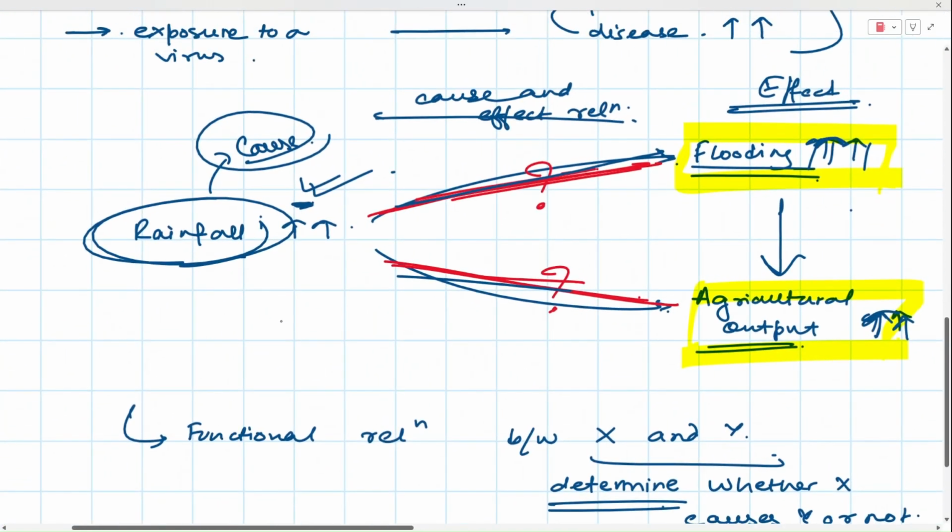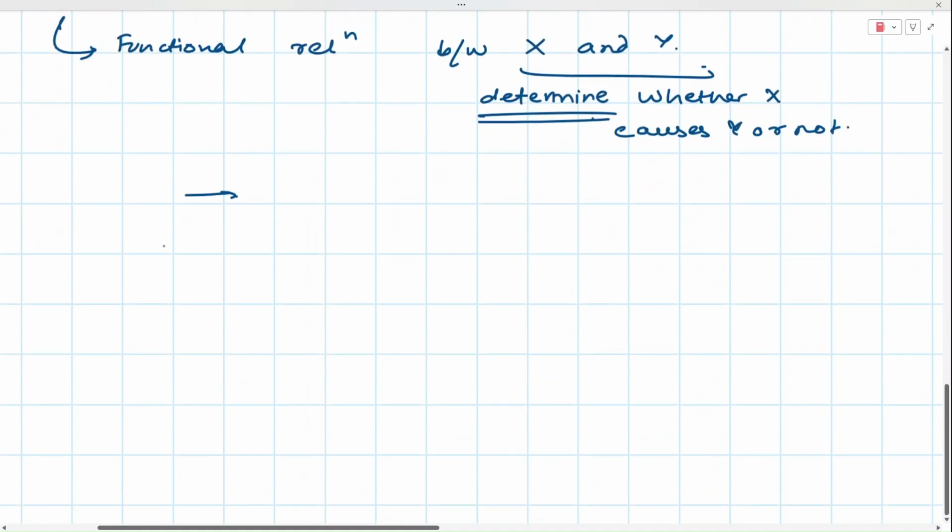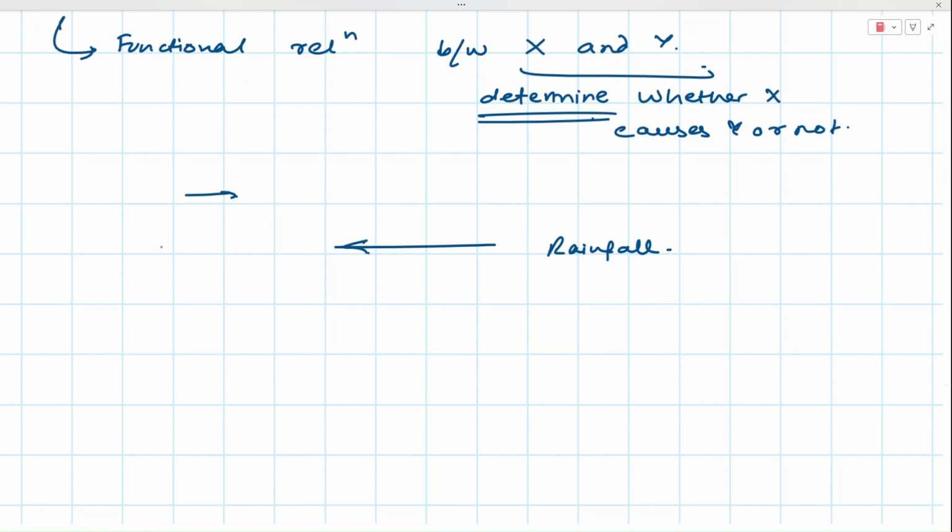Another thing that we have to think about is, suppose I'm trying to say that rainfall is causing agricultural output. Now, you might be wondering, why did I write it like this? Why did I write from right to left? The reason is, when we write an equation, we usually say y is a function of x, right? So this f stands for the functional form.